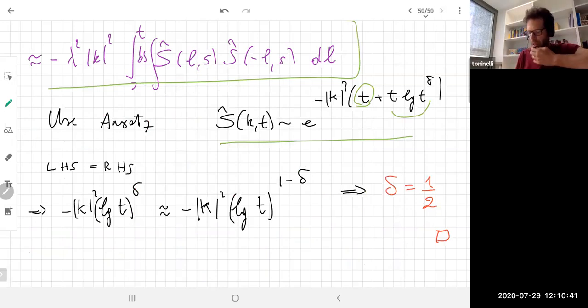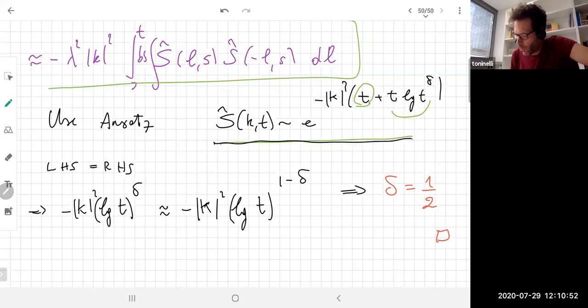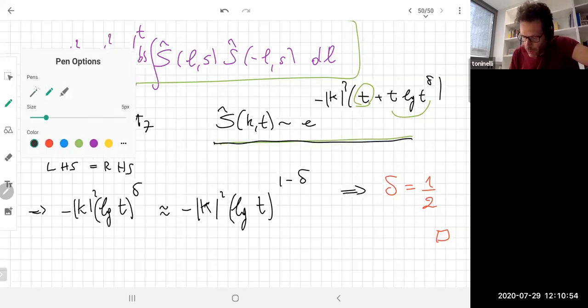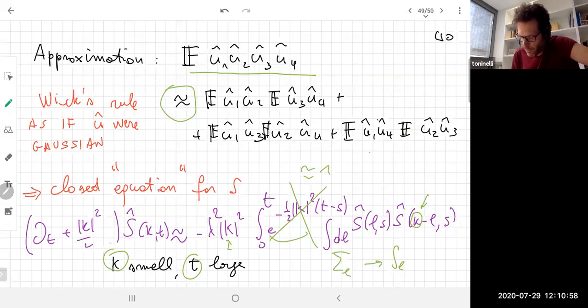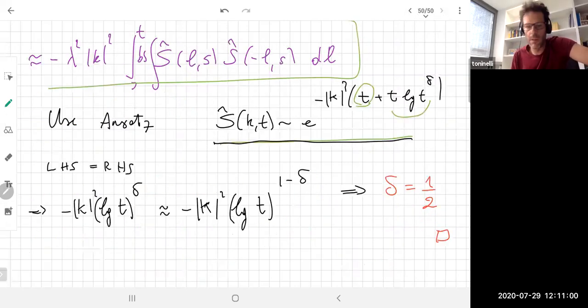Right, so we have done various approximations. The most serious one is the Gaussian approximation, maybe it's the only one. And now we try a solution of this form. You have a left-hand side, which is d_t plus k squared on s hat, and a right-hand side, which is this. When do they coincide? Now you need to do a small computation, which I will not do.